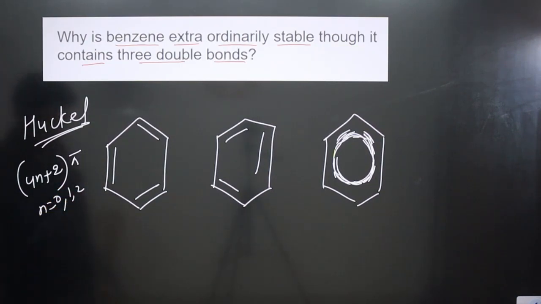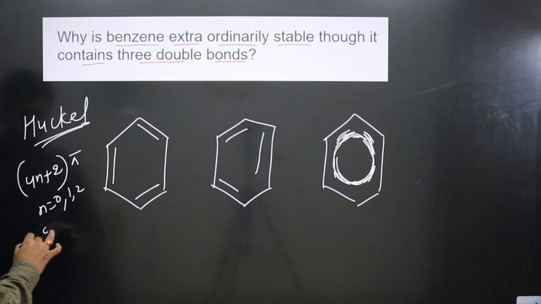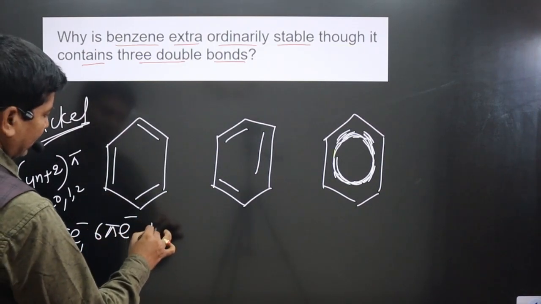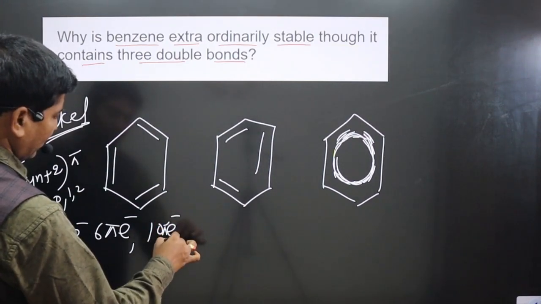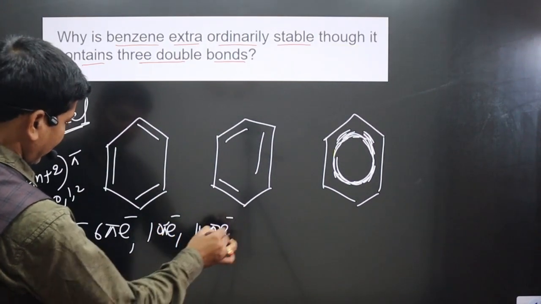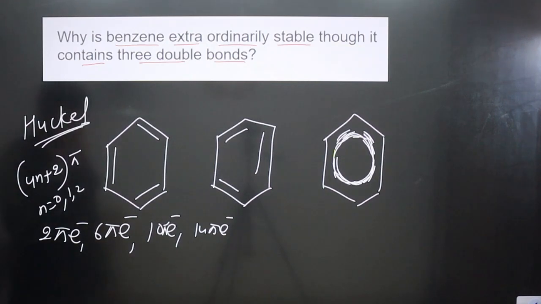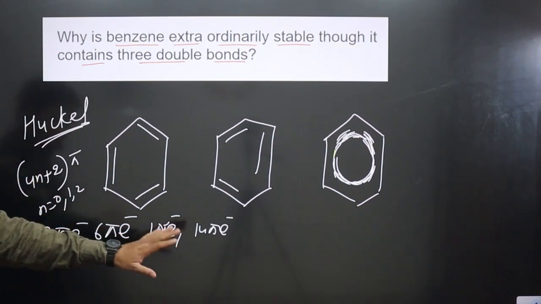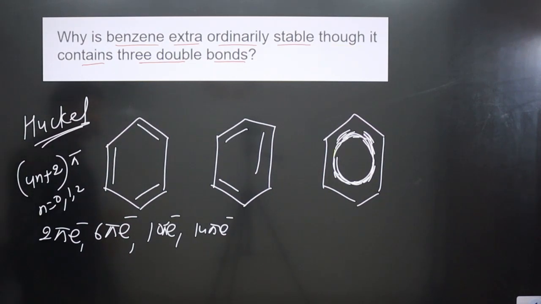Okay, if you plug in the values you will get 2 pi electron, 6 pi electron, and then we'll get 10 pi electron, then 14 pi electron, in the gap of 4. Okay, in the gap of 4 we are getting.